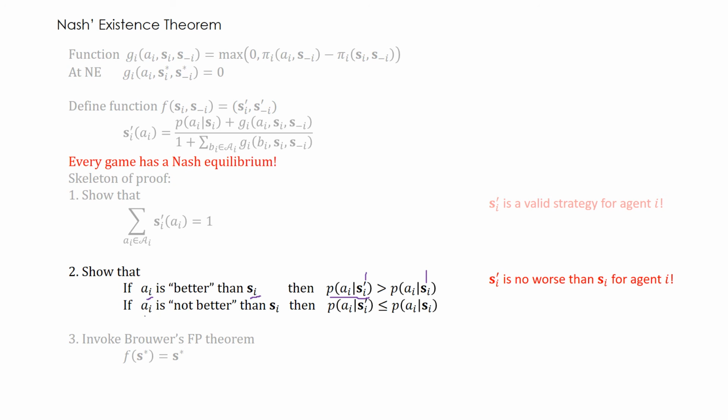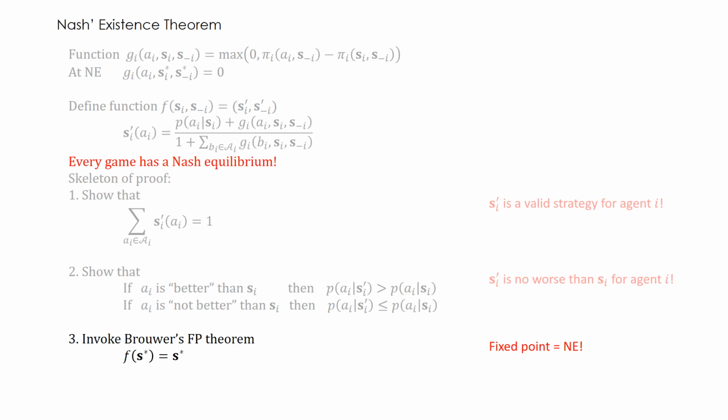But if this action is not better than Si, then the probability of that pure action in S prime I is less than or equal to the probability of that action in Si. In other words, S prime I is no worse than Si for agent I. Agent I would not receive a payoff that's lower than Si when it plays S prime I.